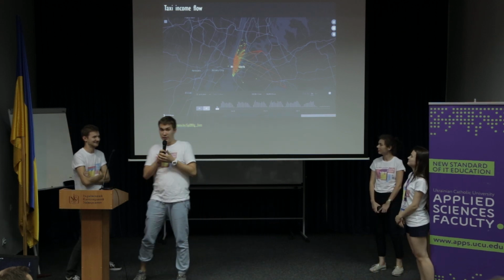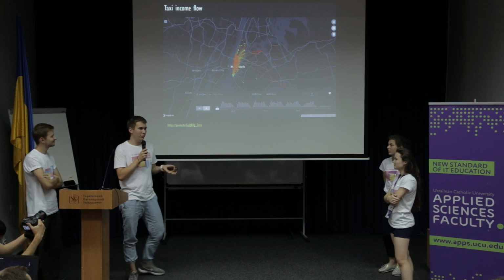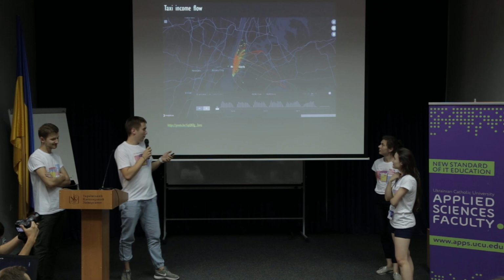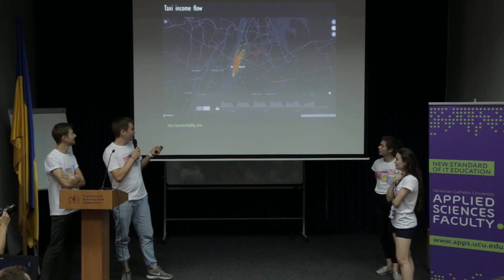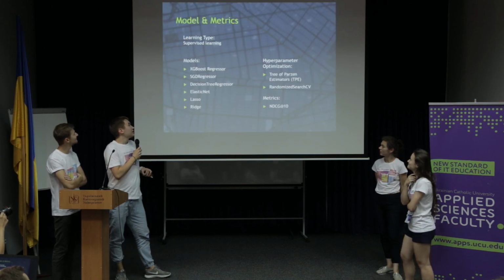Thank you. For our problem, feature engineering was the most important part because the features, as you can see, are not so easy and obvious. But I will go on with the modeling.